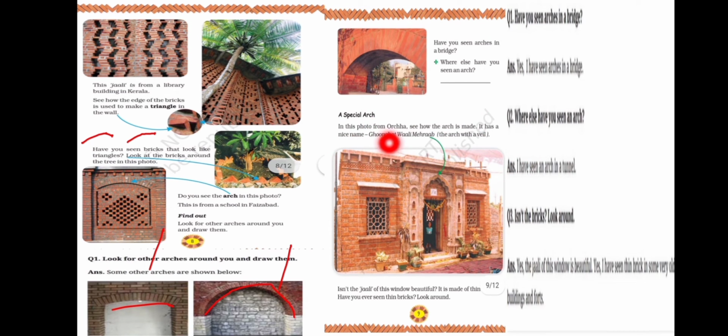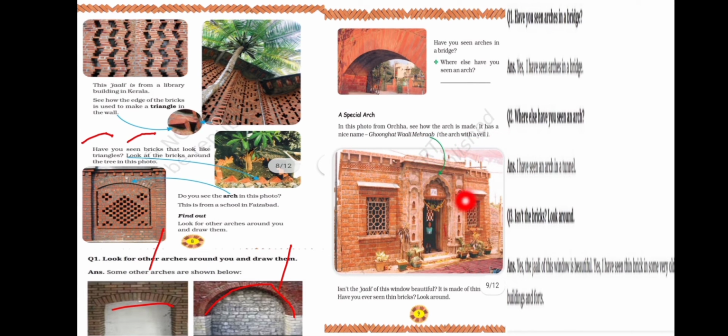In this photo from Orchha, this picture is taken from Orchha city. See how the arc is made. Here you can see different types of arc used, like in this almirah there are arcs, in this mihrab there are arcs. It has a nice name, Ghungat wali mihrab, the arc with veil.